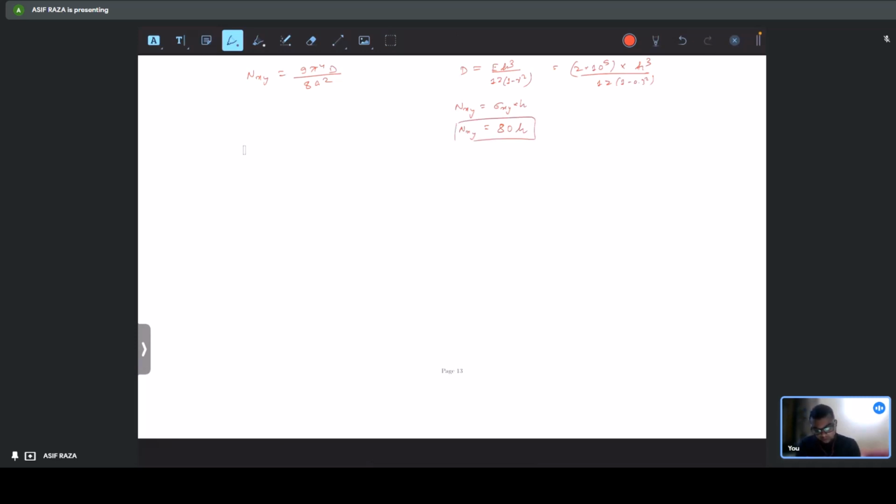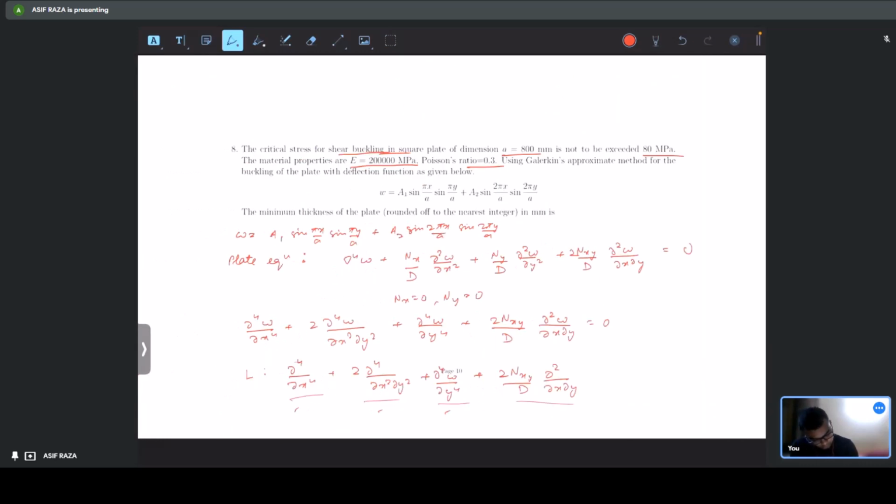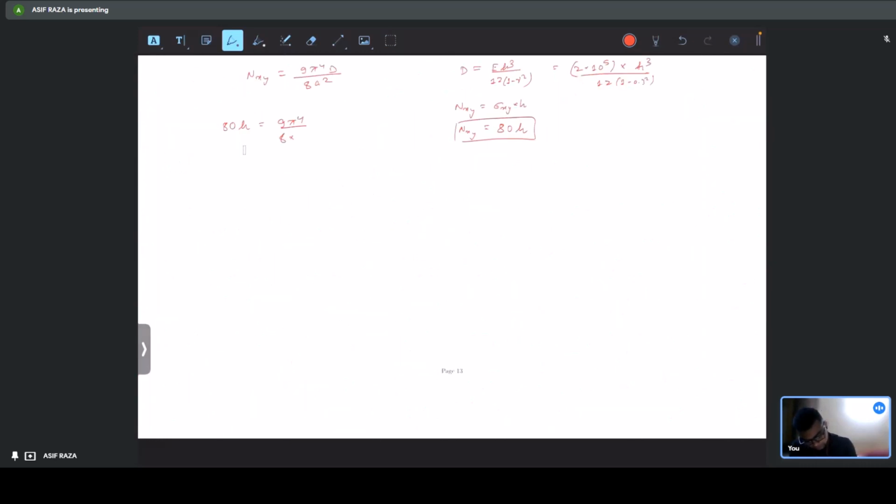Substitute all this in here, so we have 80h is equal to 9 pi by 8, with a equal to 800 mm, 800 square, d is 2 into 10 to the power 5 h cube upon 12 (1 minus 0.3 square).